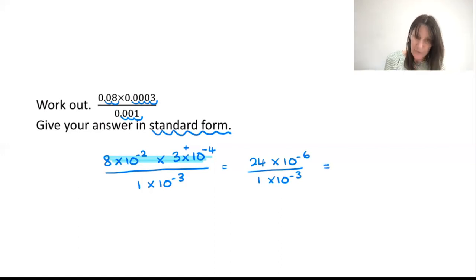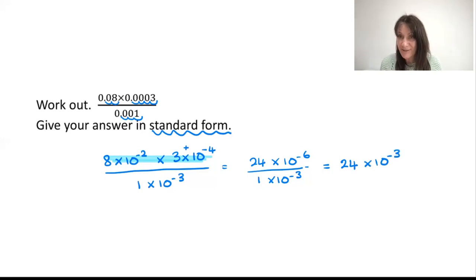Next bit, I'm going to do the division. 24 divided by 1 is 24. 10 to the negative 6 divided by 10 to the negative 3. Okay, I've got to take away, because it's a divide question, which is then going to create an add 3. Minus 6 add 3 is minus 3.